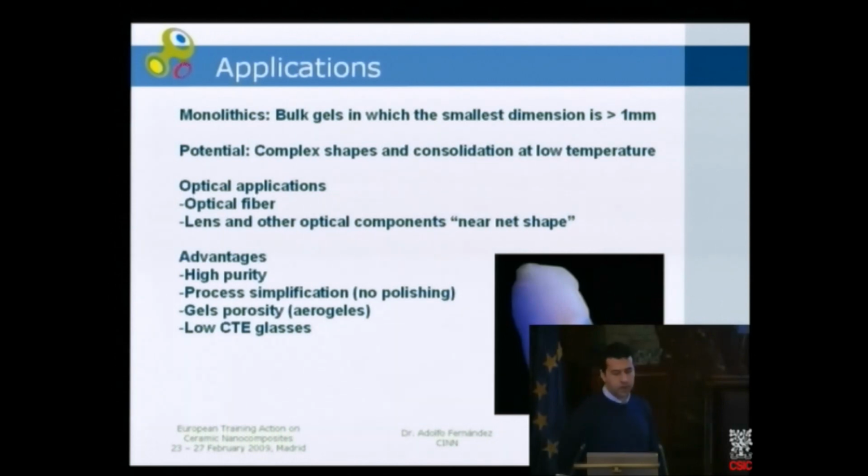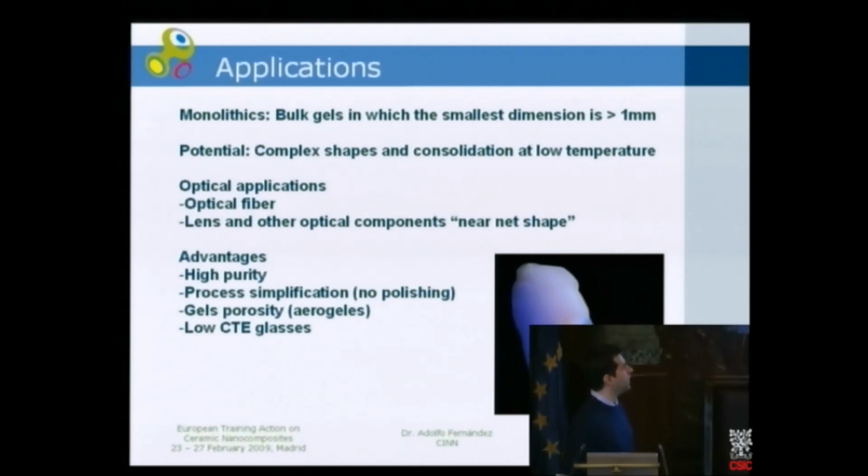Concerning the monolithic products, we can define monolithics as the bulk gels in which the smallest dimension is higher than 1 millimeter. And the potential of this method is for obtaining complex shapes, and that it can be consolidated at low temperature. This product can be used for optical applications such as optical fibers or lenses and other optical components.